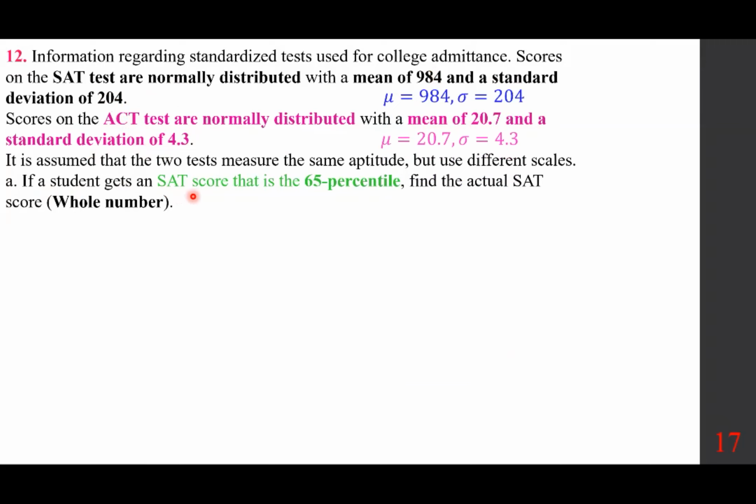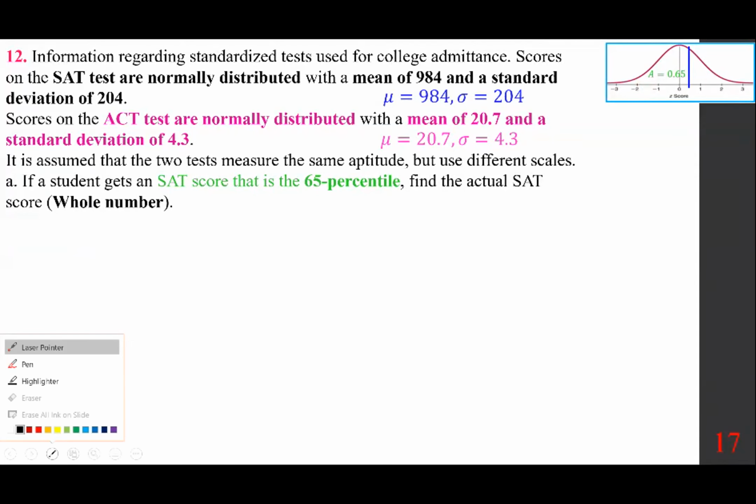Now, somebody who's got an SAT score of the 65th percentile, that means this is 0. Remember, to the left is 0.5, to the right is 0.5. So somewhere here, this area is 0.65. Let me shade the region.